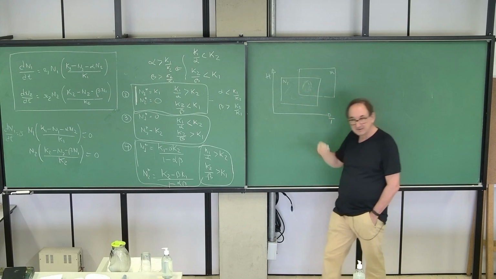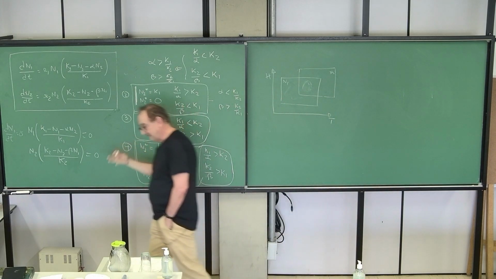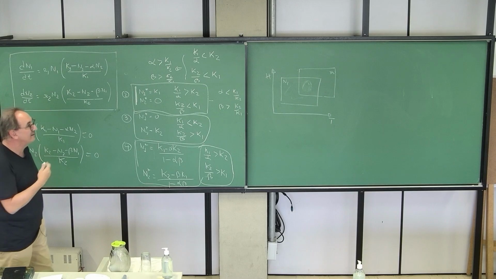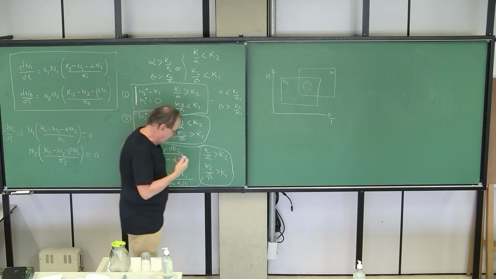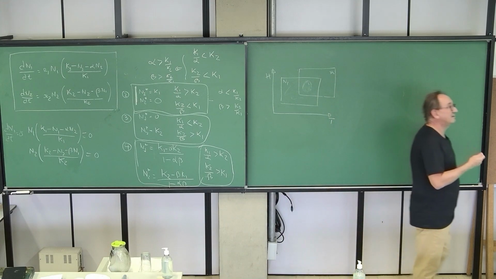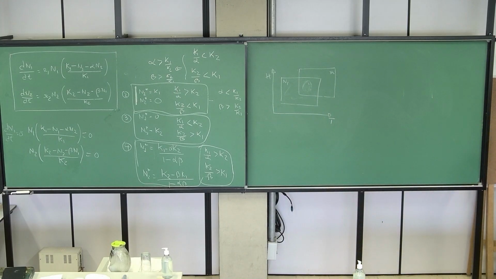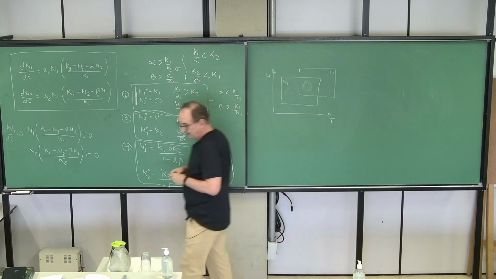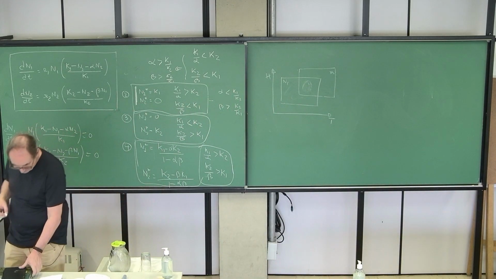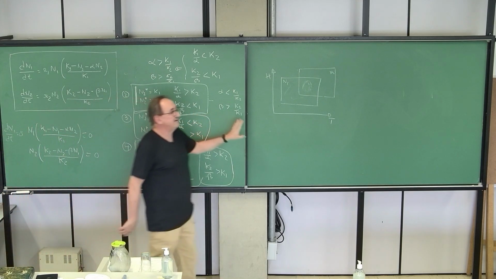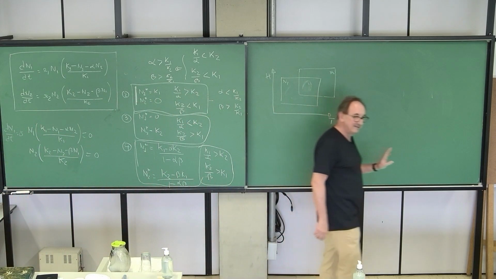So this is one idea, the idea of niche, which has been developed essentially by Hutchinson and later by MacArthur. But people also think a little bit more like today. This is the old niche theory, the old way.